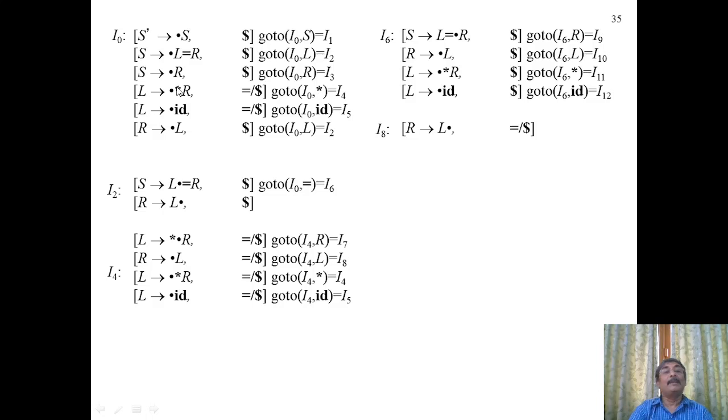See, if I move from I0 using a star, where do I go? I go to I4. This is star dot R, right? The moment you have star dot R, I have to add items per closure. So R produces dot L. See, nothing changes because after R, no beta is there.